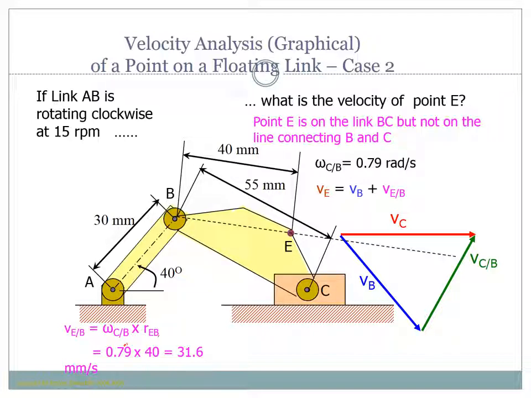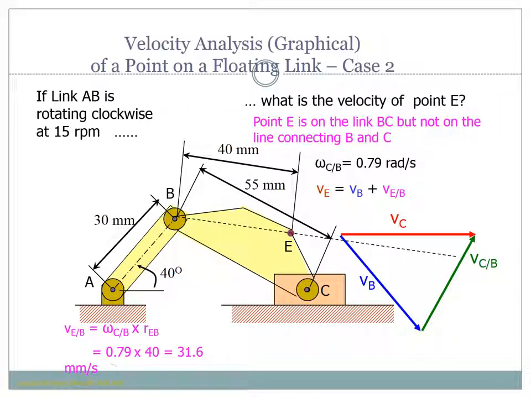Remember, omega CB is the rotational speed, the angular velocity. The angular velocity of BC and BE will be the same, right? So VEB will still depend on the same angular velocity omega CB.